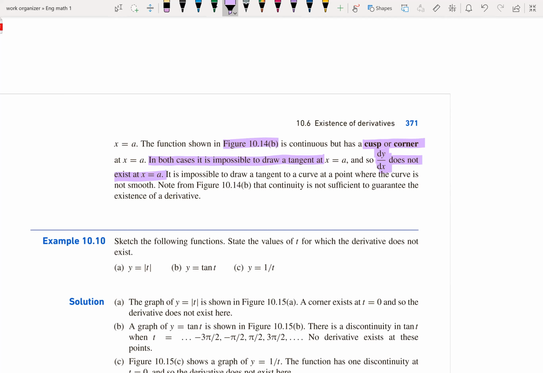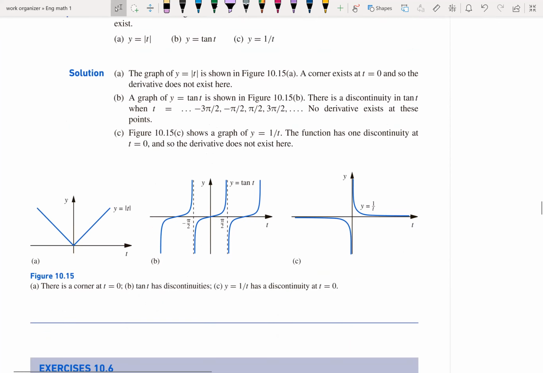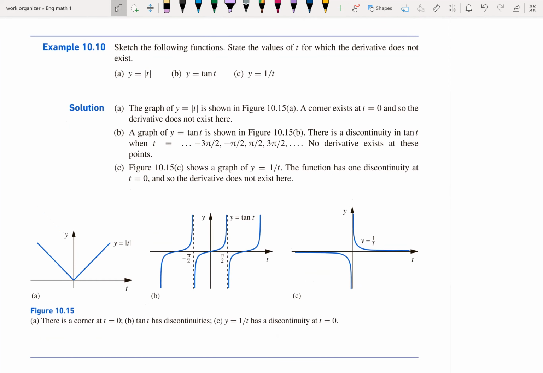Okay, and then next, example 10. Discuss the following function, and then state the values of t at which the derivative does not exist.